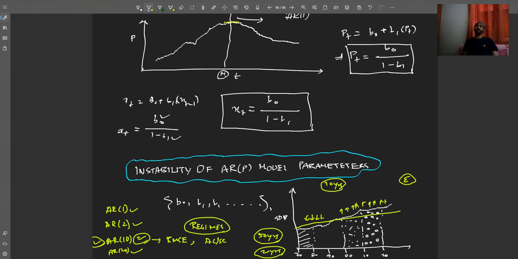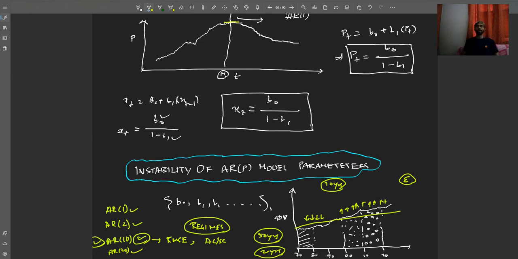Then we might find that the AR1 model is doing much better. And the parameter values will change for each of them. So the parameter values will depend on the entire universe of the time zone that you are choosing. And this makes the parameters unstable. We define this as the instability of the parameters of the AR(p) models.